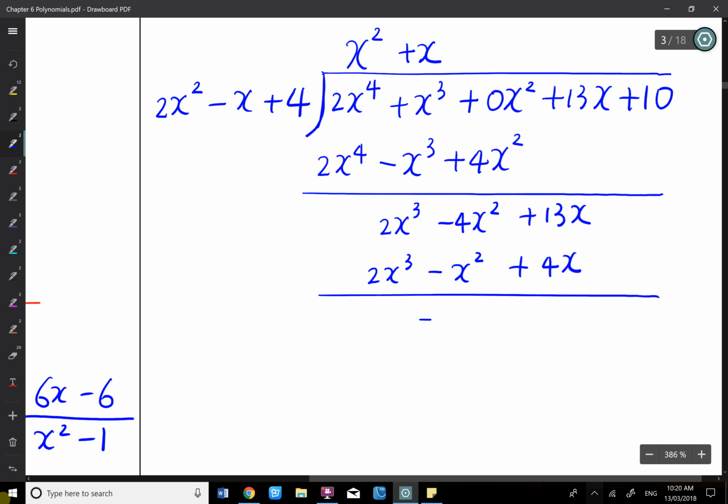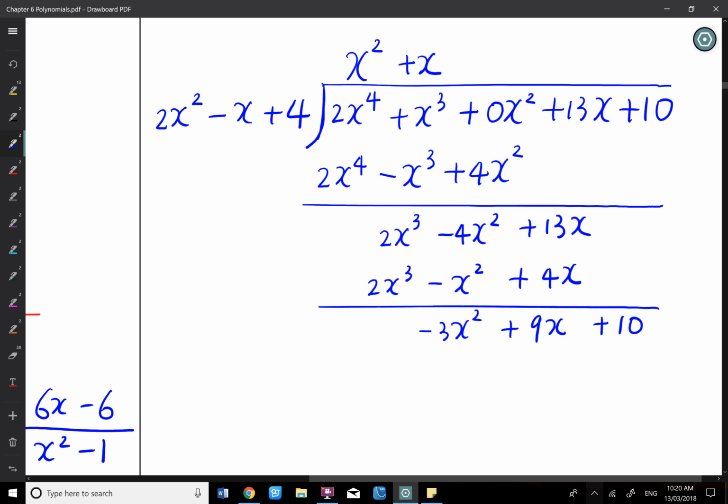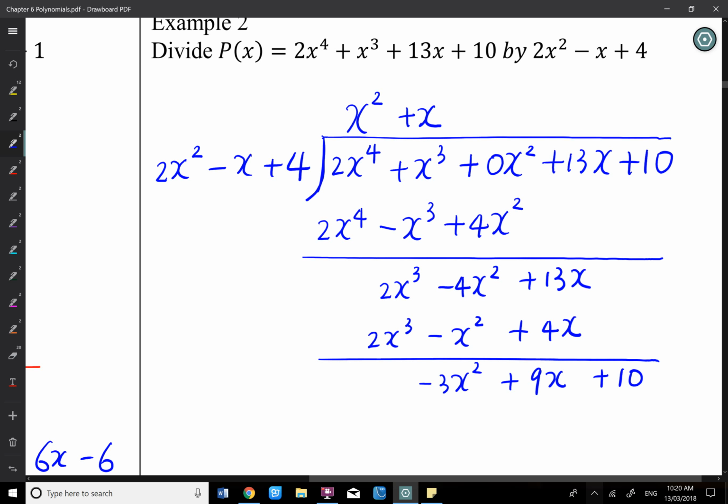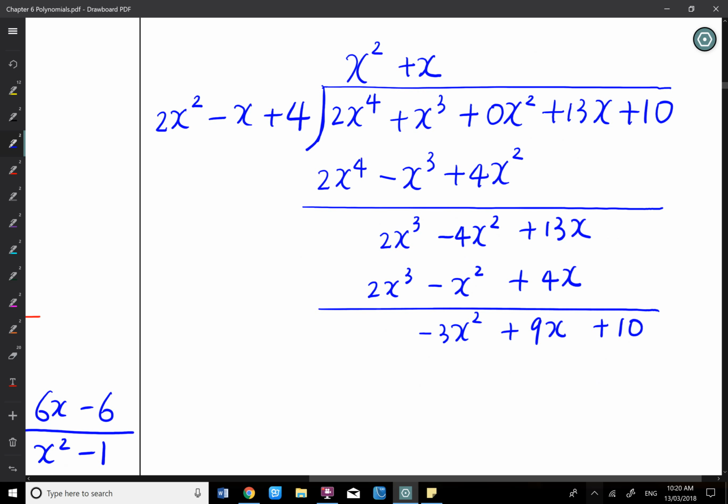Minus 3x squared. How many x? 9x. And then plus the 10. And then minus 3x squared divided by 2x squared, that gives me a minus 3 over 2.